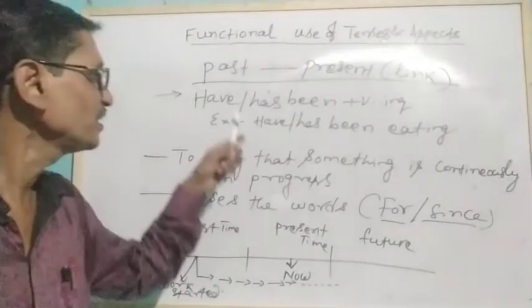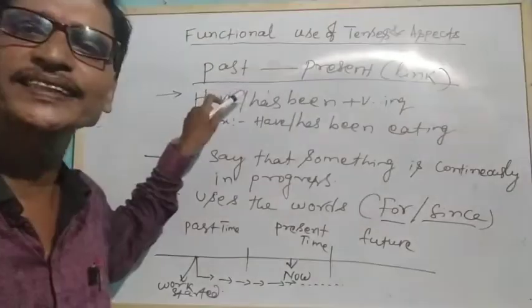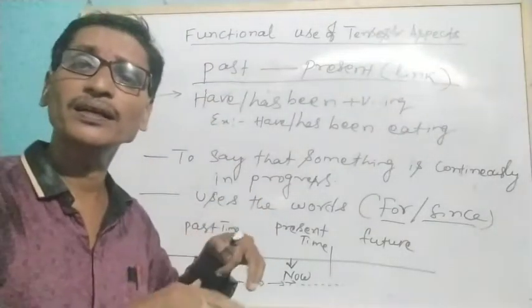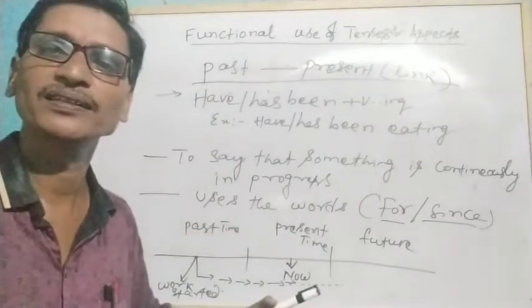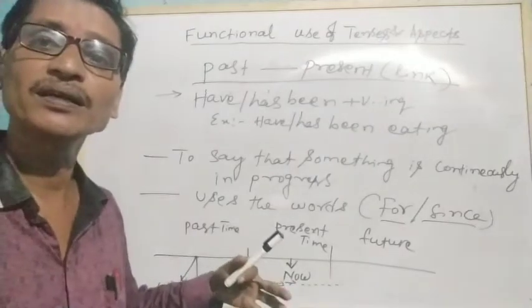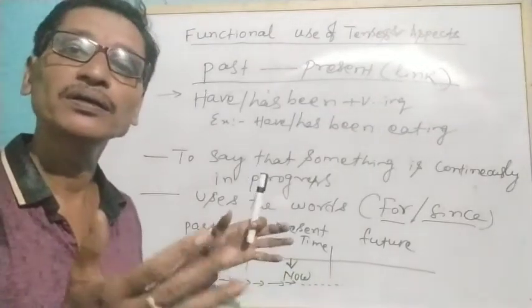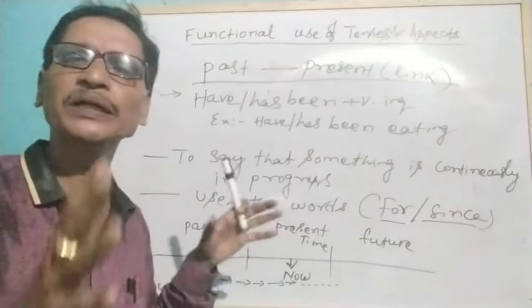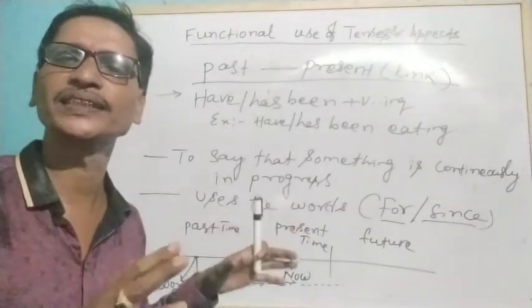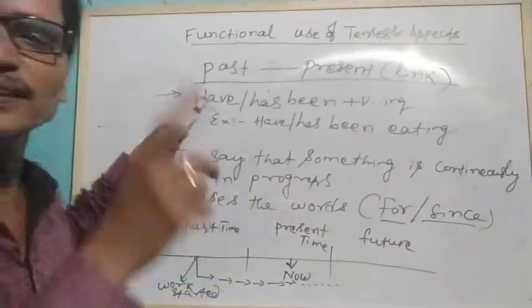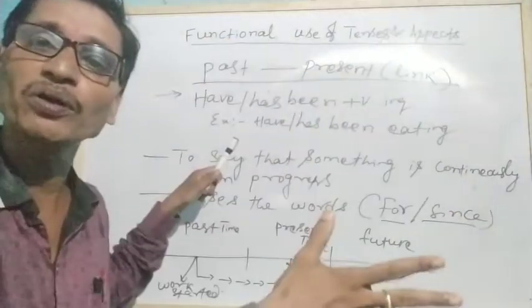Here you see, now we are discussing the next aspect. That means another aspect for talking about the link between past and present time. That means we discussed have has plus verb third form.